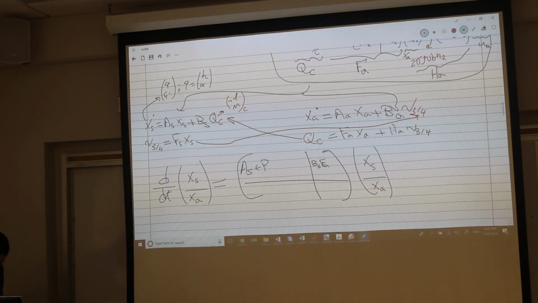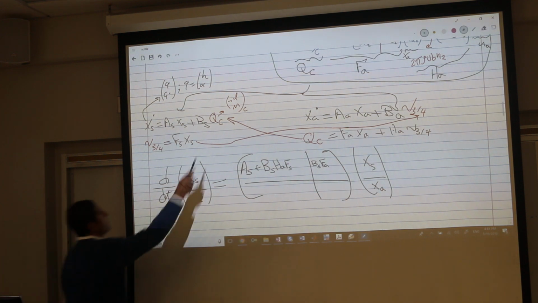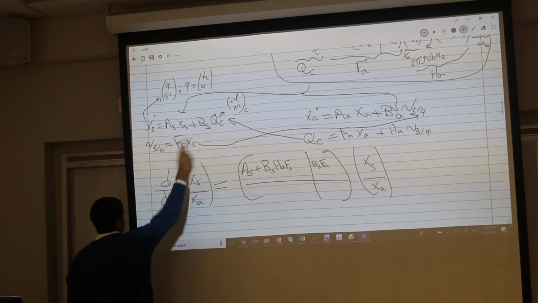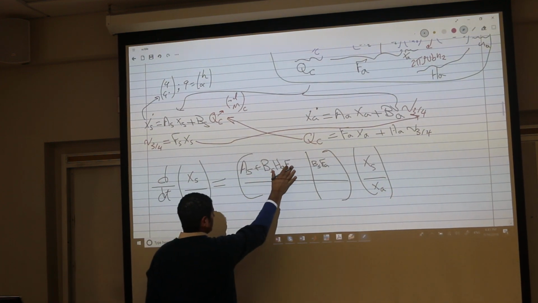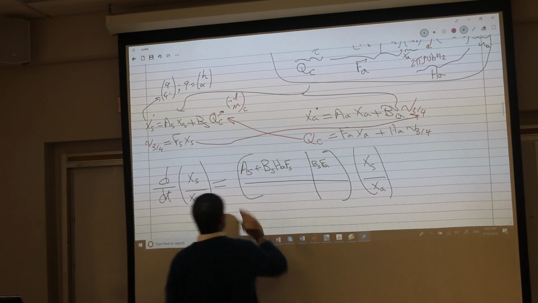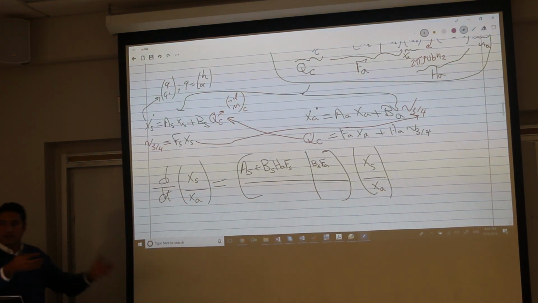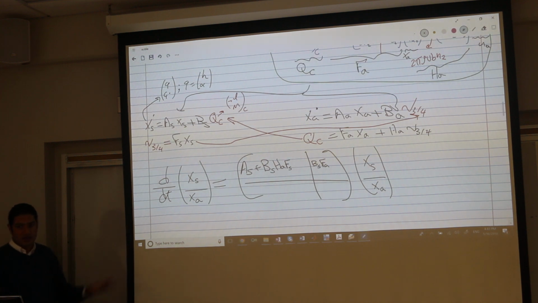B structure times F arrow times H arrow, times Fs. B structure H arrow Fs. This is all multiplying X structure. So this is why I put it here, because it will multiply X structure. This is the filling of the first line. You can take your time to substitute the equations and make it clearer to yourself if you like.